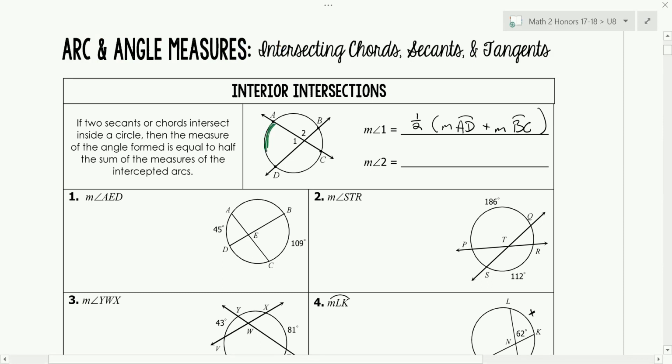So measure of angle 1 intercepts this arc, and it's the arc intercepted by its vertical angle. And what do you know about that angle, the vertical angle? Vertical angles are congruent. So I really could put a 1 here, and I really could put a 2 here, right? So it's the 2 arcs that are across from those congruent angles. And measure of angle 2 would be 1/2 the measure of arc AB plus the measure of arc CD. Okay.